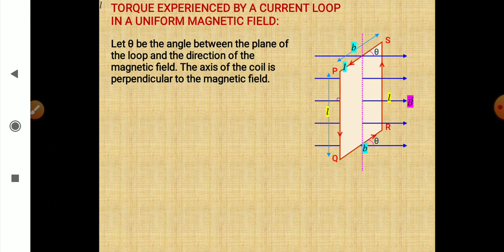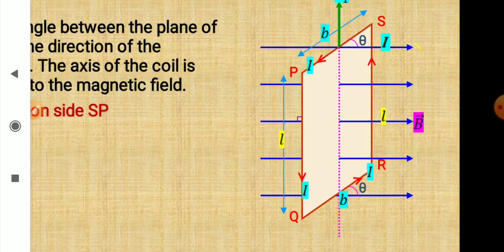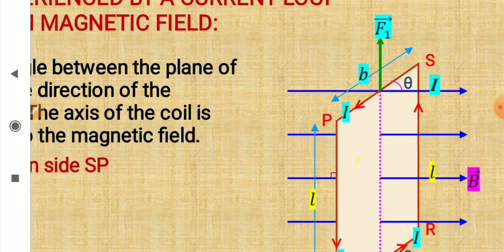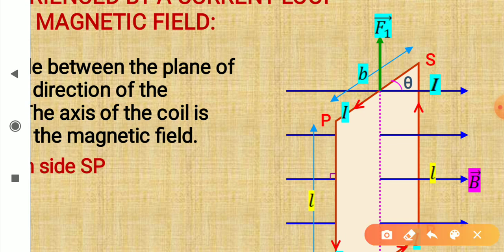Okay, so we'll find out the force on side SP first. Let me begin with force acting on this side SP. Here this is the magnetic field B, and this is the current element.